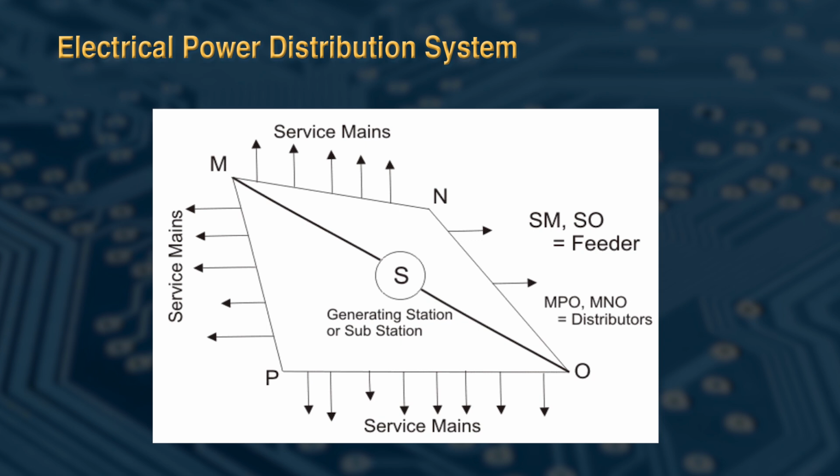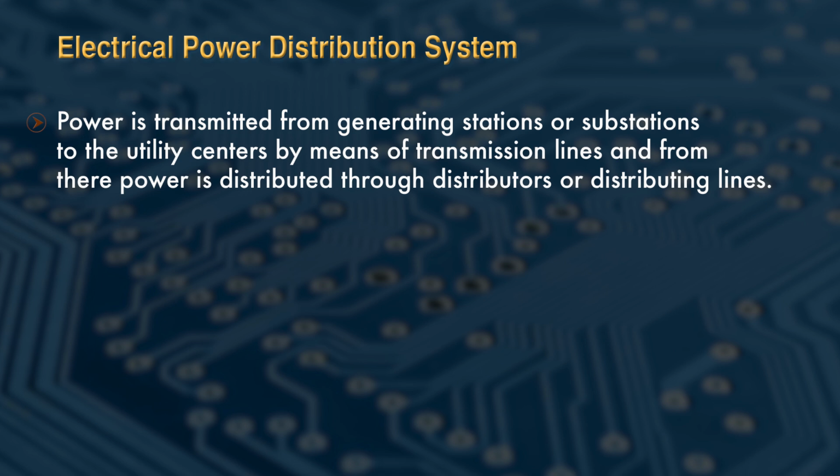In domestic applications, or you can say in your household, you get the supply at 230 volts, or you can say 240 volts. The power is transmitted from the generating station or substation to the utility centers by means of transmission lines, and from there power is distributed through distributors, or distributing lines.